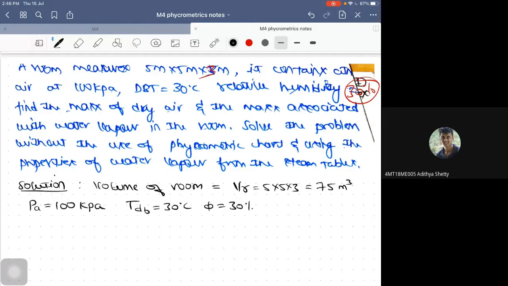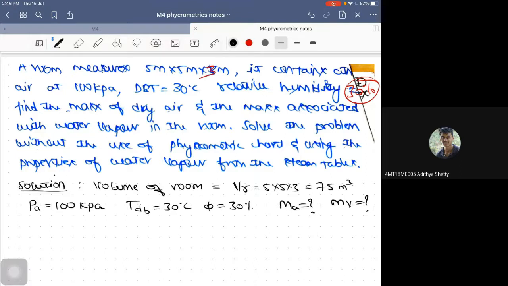Find the mass of the dry air and the mass associated with the water vapor in the room, that is MA and MV. Solve the problem without the psychrometric chart and use the properties of water vapor from the steam tables. So he has clearly specified that we should not use the psychrometric chart, but use steam tables for the calculation.